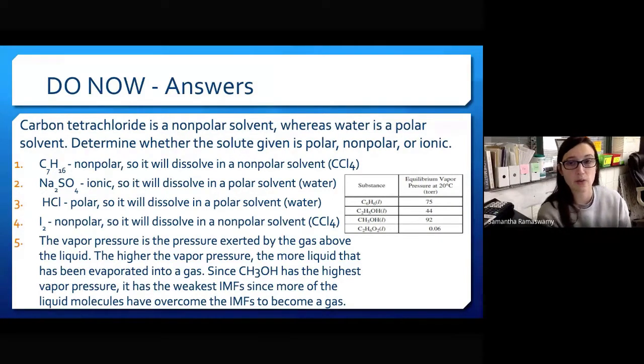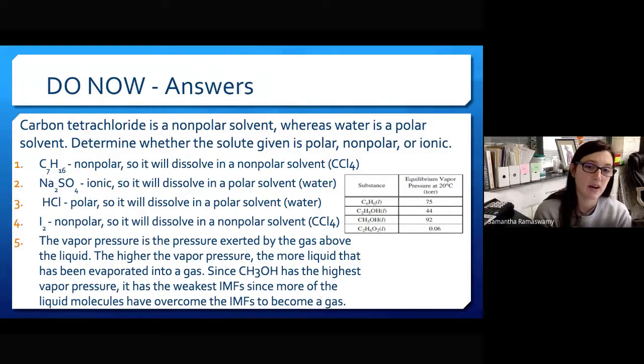So ionic is always an option. Sodium is a metal, which is why it's ionic. So ionic solutes dissolve in polar solvents. Think about NaCl. NaCl will dissolve in water. It's not as likely to dissolve in something like oil, which is a nonpolar solvent. And so for Na2SO4, it will dissolve in water.